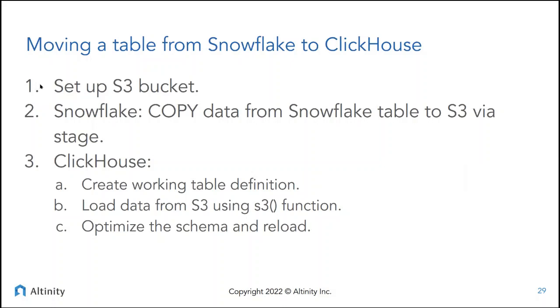First is set up an S3 bucket. Then in Snowflake, create a stage and copy the data from your Snowflake table or tables into the stage. And then on the ClickHouse side, make a working table definition and load data from that using the S3 function. These first 2 things you can generate using that script I described. And then finally, optimize the schema and reload.